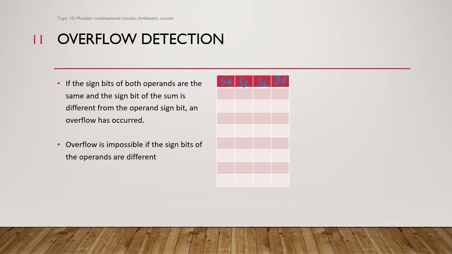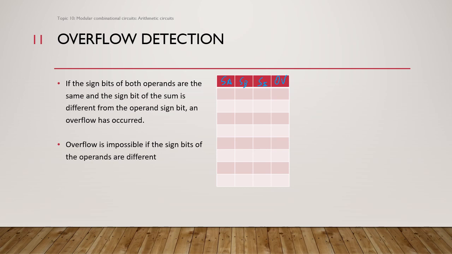If you recall what we talked about overflow, we know that overflow happens if the two operands have the same sign, like positive plus positive or negative plus negative, right? In the mathematical view, it's because the result goes beyond the range that can be represented by the binary number.